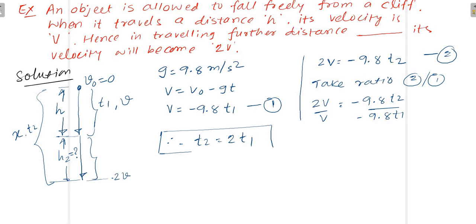Please keep in mind, total time to reach the velocity 2v when you start falling freely, right? Now the final velocity and distance is something which we already know.